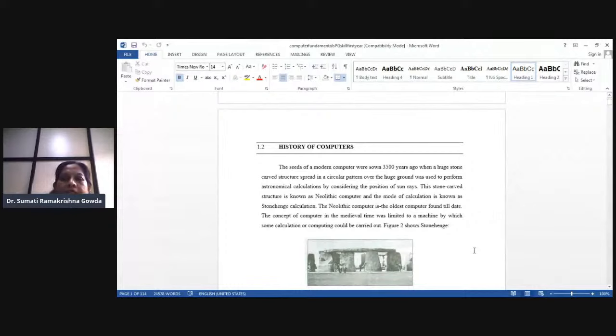This stone carved structure is known as the Neolithic computer, and the mode of calculation is known as Stone Age calculation.